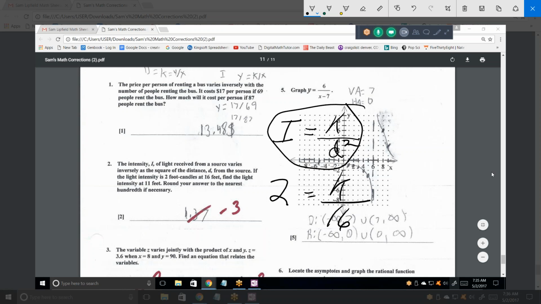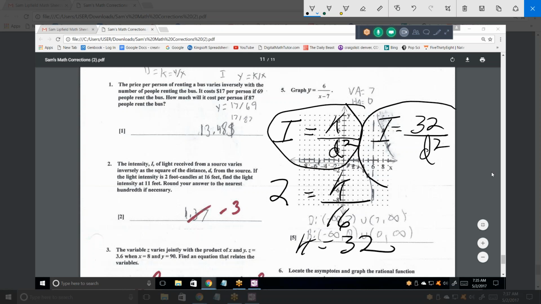And hopefully those are matching units. Who knows what a foot candle is, but at least it's got the word foot in it, and that's 16 feet, so I'm sure they are. So if you solve for k, you get 32. Now we know the specific equation. The specific equation is I equals 32 over d squared.